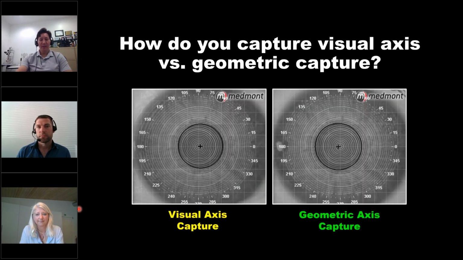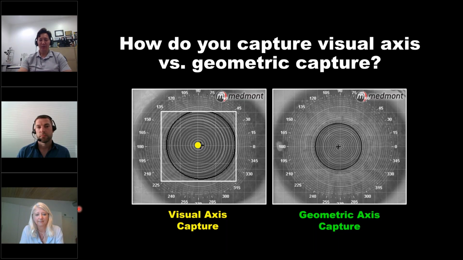So as Meta said, just in case that it isn't 100% clear, and this is a very difficult concept for many, visual axis is the normal position of fixation. The patient is just looking right down the axis of the instrument at that central ring, just as Meta described. However, to take a geometric capture, you're trying to move the placido off the nasal side. You're trying to better center it laterally.